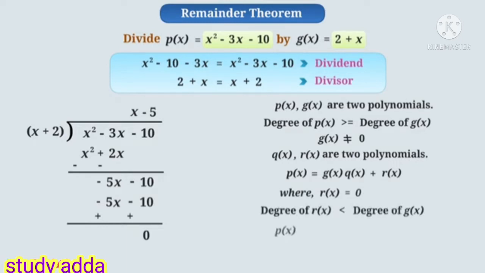That is, p of x divided by g of x gives q of x as quotient and r of x as remainder.